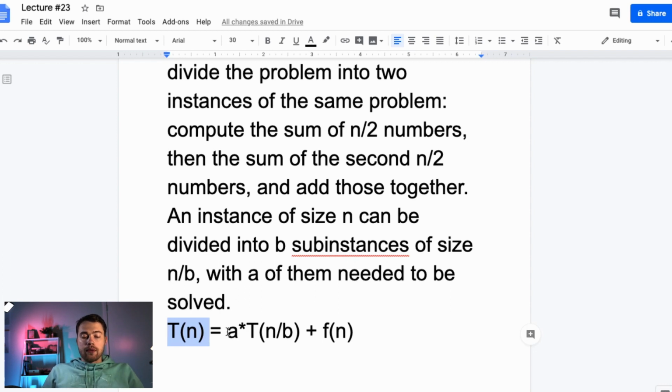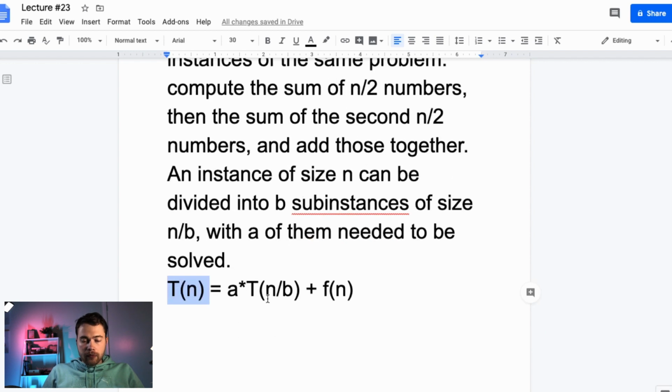That's equal to a times T of n over b. So if we divide the original problem n into b chunks of n over b size, you have T of n over b, and let's say you need to solve a of them. So a may be different from b.